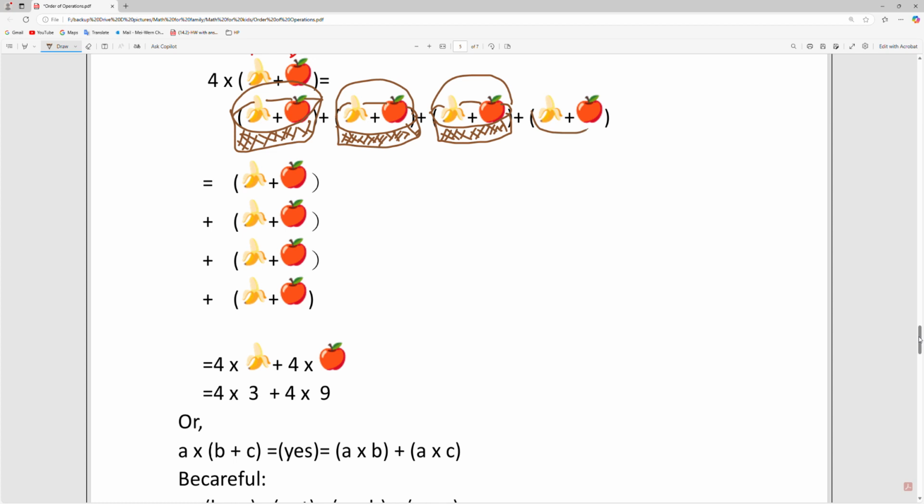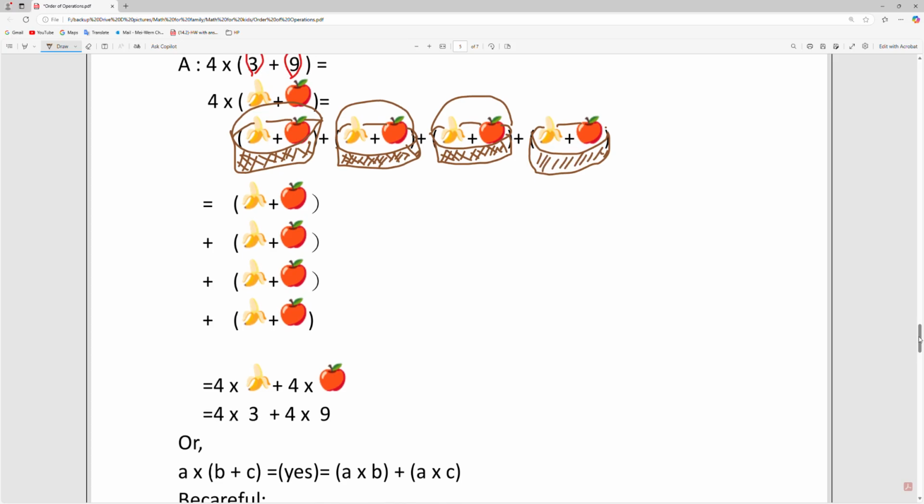Do you know how to count how many bananas you have and how many apples you have to bring for your friend? Yes, right? You will count bananas separately and count how many apples separately.